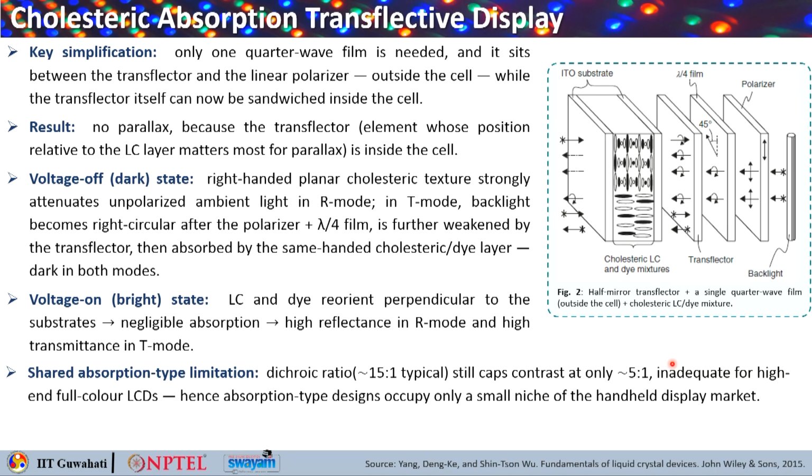You will also notice that both guest-host designs, nematic and cholesteric, share the same fundamental ceiling with practical dyes: a dichroic ratio of around 15:1 still caps the contrast ratio at only 5:1, which is low and inadequate for high-end color displays. Hence, this kind of absorption-type design occupies only a very small niche area of the handheld display market.